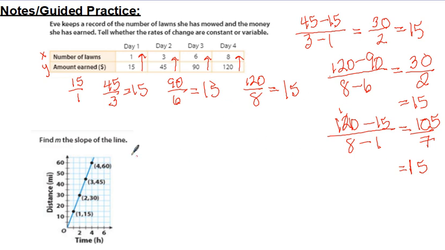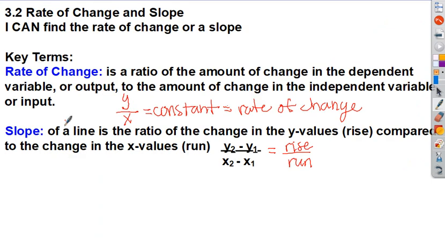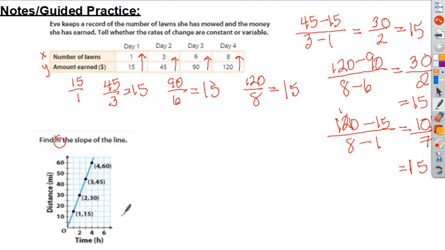Now what we're going to do is it says find m, the slope of the line. So the letter m is the slope. Let's actually go back up here to your vocab. We write the letter m in here as well. Anytime you see this m, it actually means slope. So same idea with the table. We are going to take two of these points. I want to practice using this formula, and we're going to find the slope. So let's take any two points.